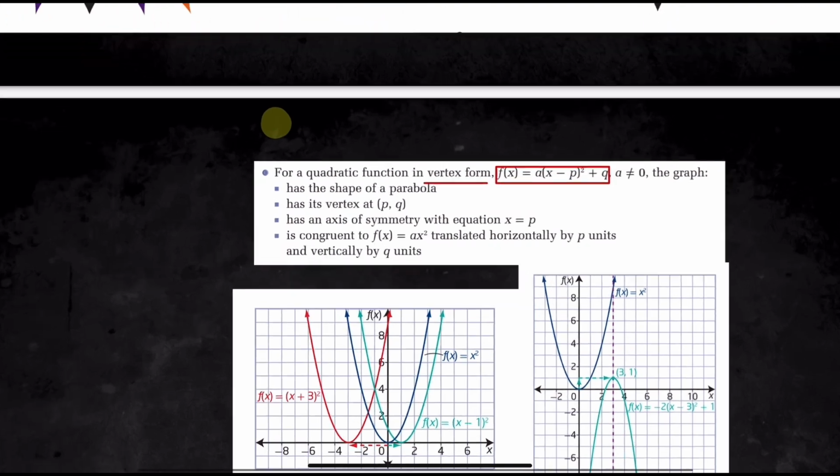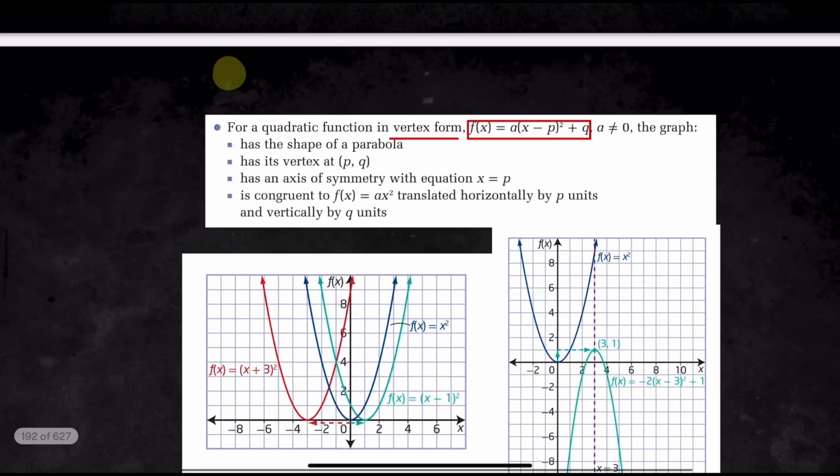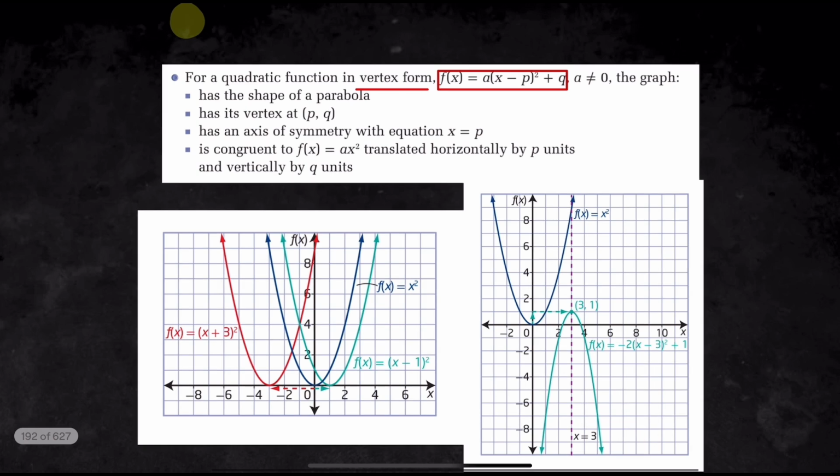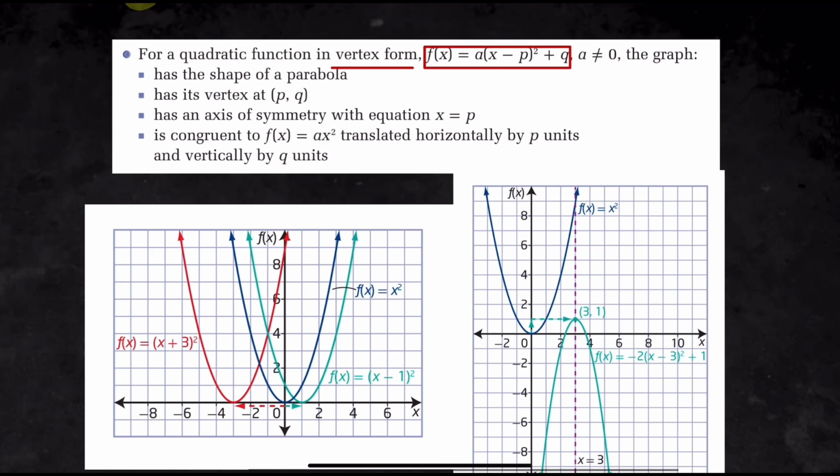So now let us see exactly some examples. Like, we have a function that was just, the original one is just x squared, which is the blue one here.